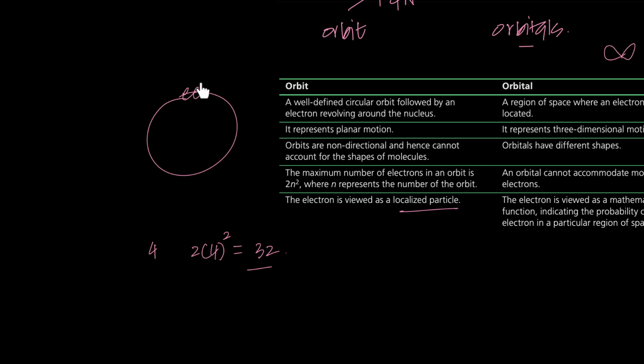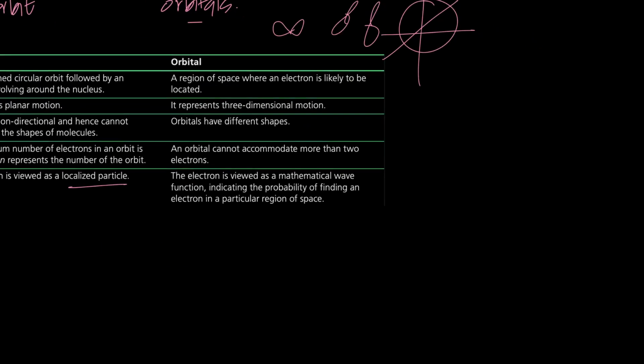But that's not true. The electrons don't follow a circular path. That's the problem with showing electrons in orbits. In reality, there's a probability of finding them in the orbital.